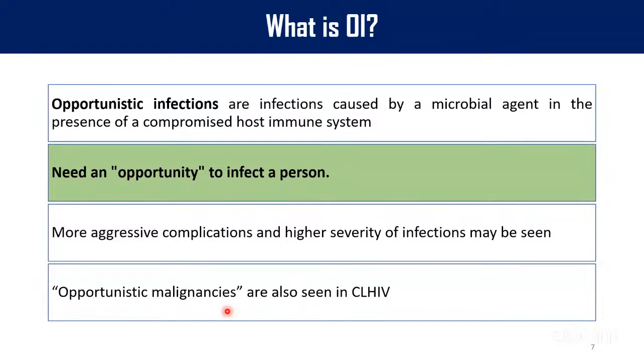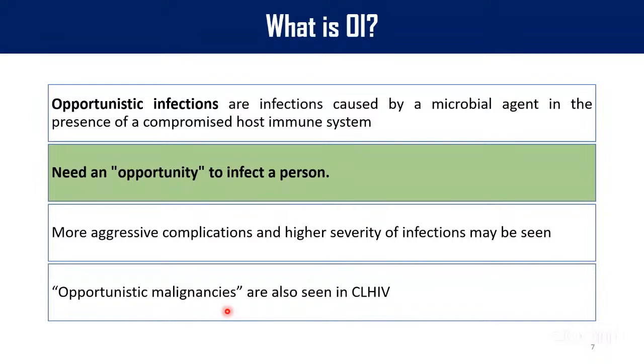So an opportunistic infection in HIV children is not just limited to an unusual organism. It also includes unusual severity and unusual duration. And sometimes even opportunistic malignancies, though it is a non-infectious condition, sometimes may be infectious, but most of the time it's a non-infectious condition. But these malignancies are not seen in an immunocompetent child.